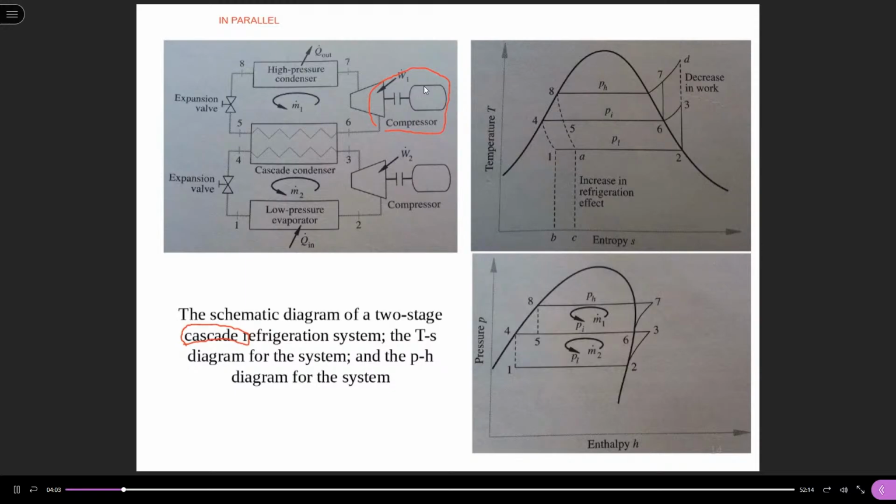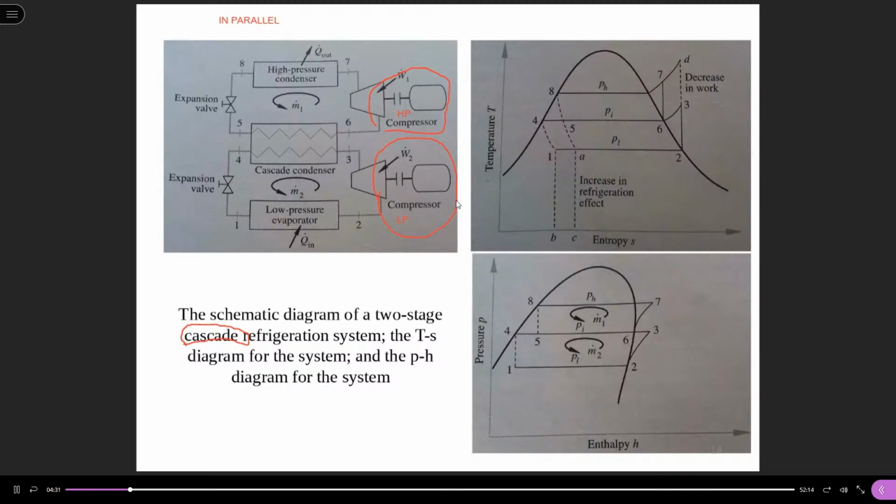We have two stages of compressors, and they are connected like the forward heat engines in series.